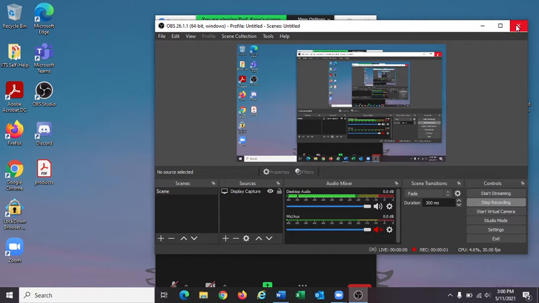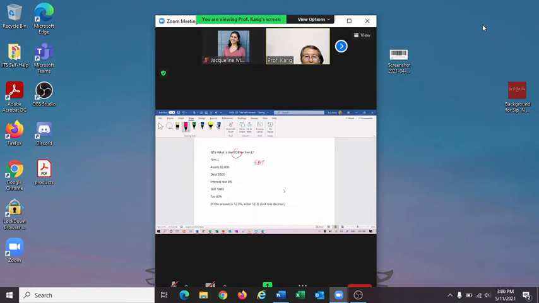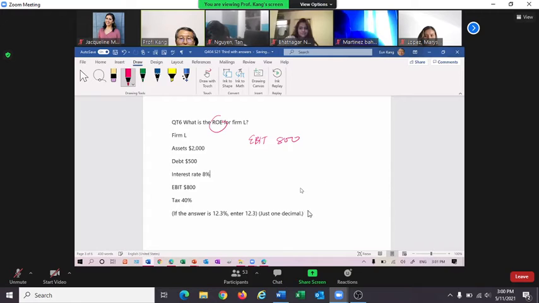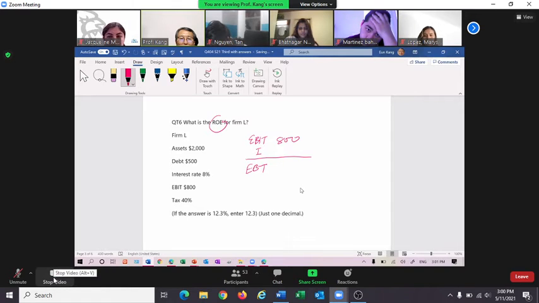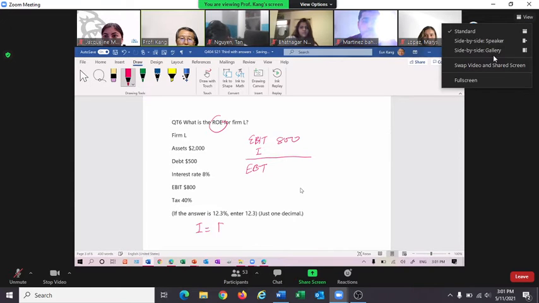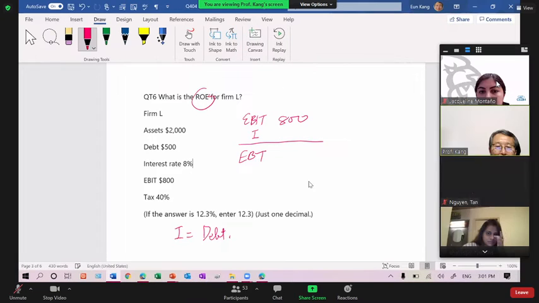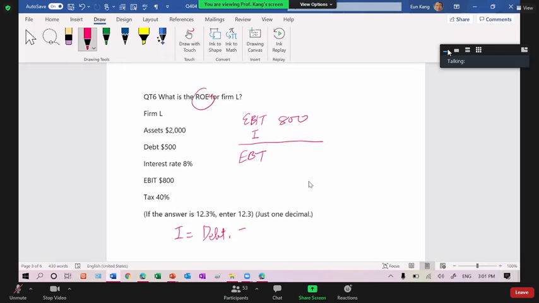EBIT, 800. Then EBIT minus I, then what? Then you have EBT, earnings before tax, the taxable income. So I calculation is what? I equals debt times interest rate.